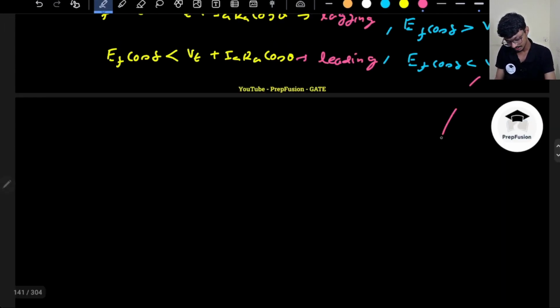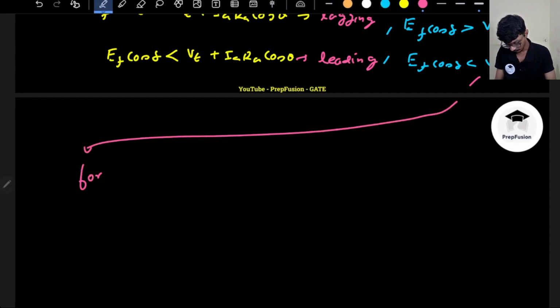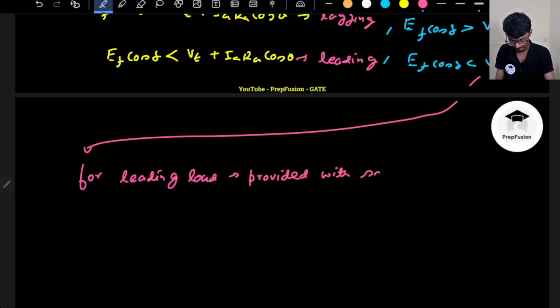We can remember it like this: for a leading load, provided with the same excitation, the terminal voltage will be higher.